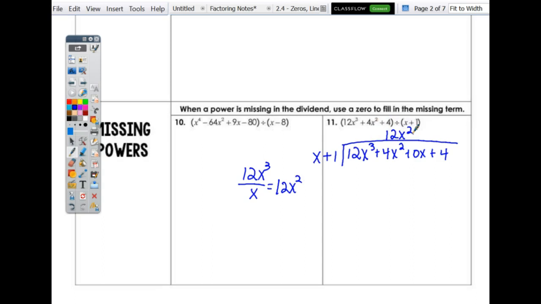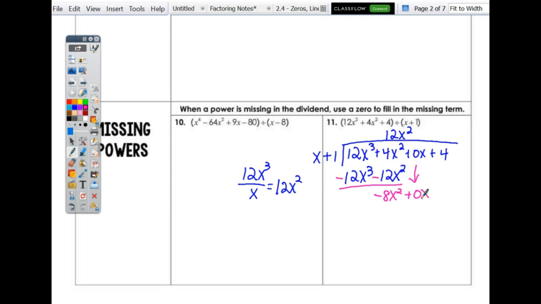Is everybody good? So we're going to multiply. And then I have to subtract, so I'm going to change the signs. Is everybody good so far?